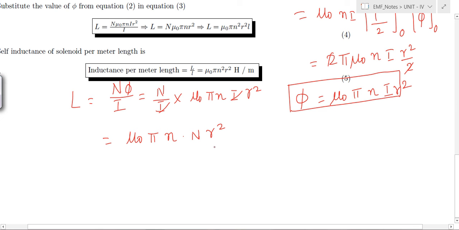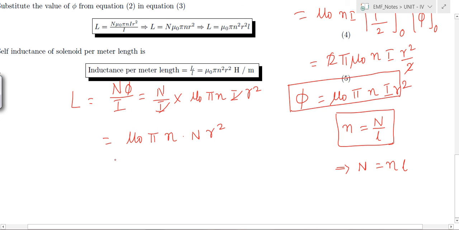Here the capital N is nothing but the number of turns. The relation between small n and capital N is small n is equal to capital N by L. So we replace N with small n into L, where small n is the number of turns per unit length and L is the length of the solenoid.